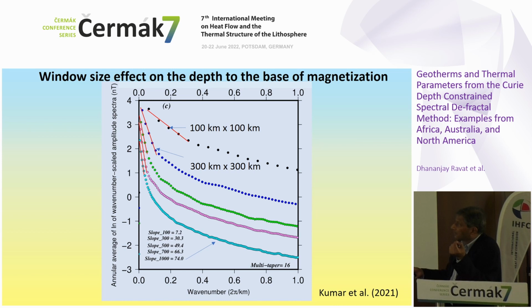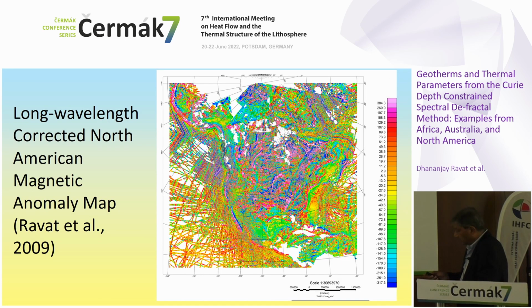You can see that these three slopes look very similar to one another, but the estimates coming from them are like 50 kilometers, 65 kilometers, 75 kilometers. So there is a lot of error involved because of accurately figuring out the slopes of these spectra. And so these are some of the aspects that are really, really important.